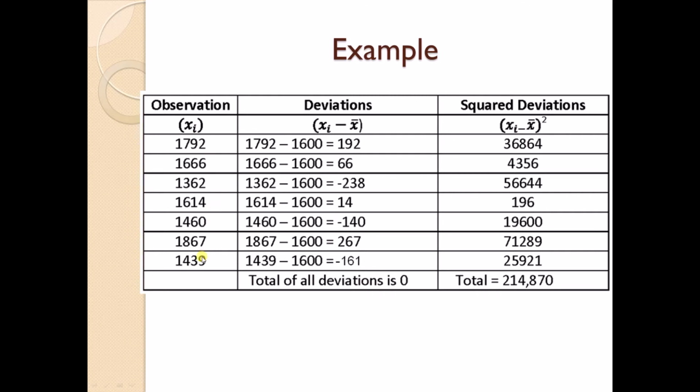Okay, so here's an example of how you would get standard deviation by hand. Here are your observations. All right, there's 6 of them, I believe. And let's see, 1, 2, 3, 4, 5. Check that. There's 7. If we calculate the mean, we're going to get 1,600. And if you subtract the mean from all of these individual observations, you are going to get all the deviations.